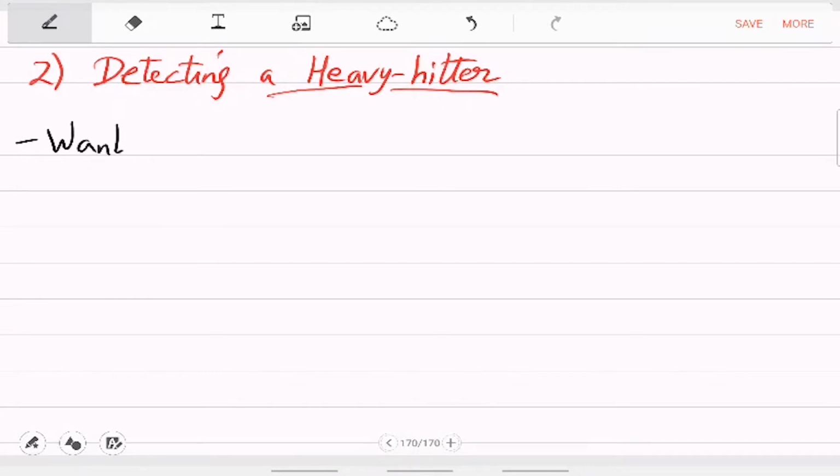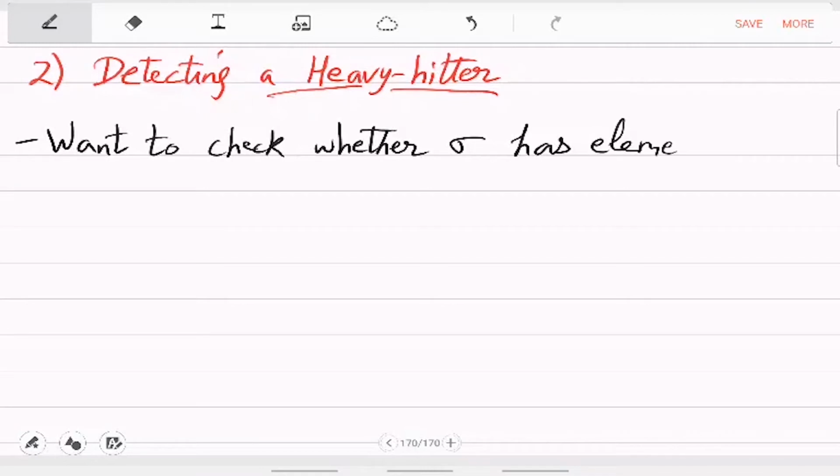So, we want to check whether sigma has elements of unusually high frequency.